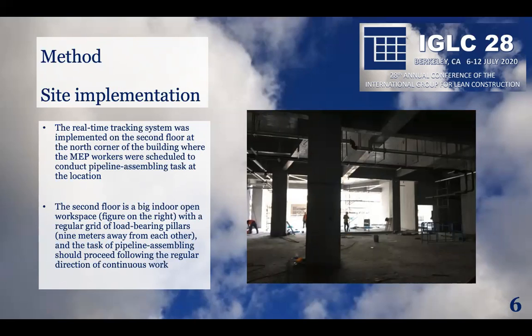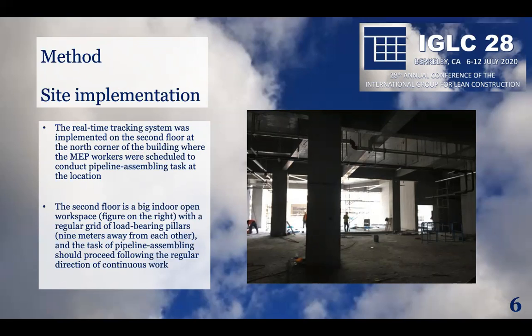For our system site implementation, the real-time tracking system was implemented on the second floor at the north corner of the building, where the MEP workers were scheduled to do the pipeline assembling task at that time.